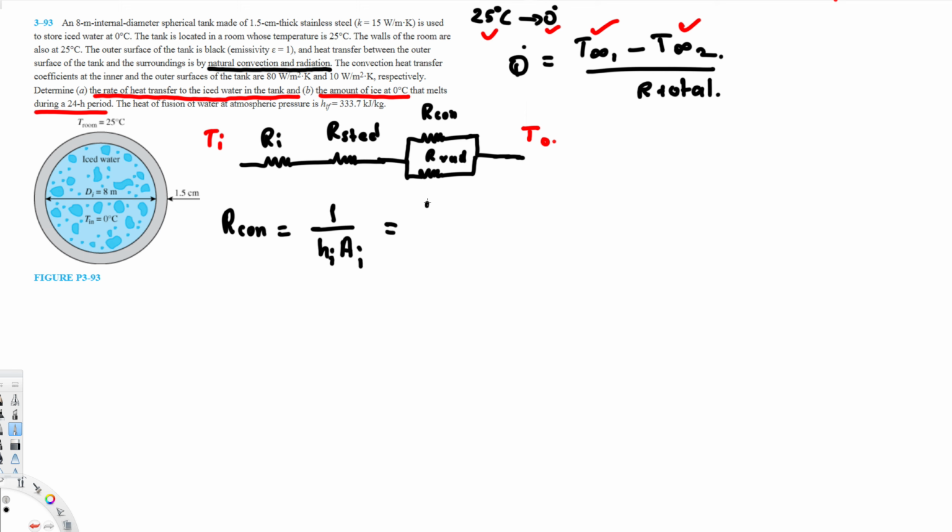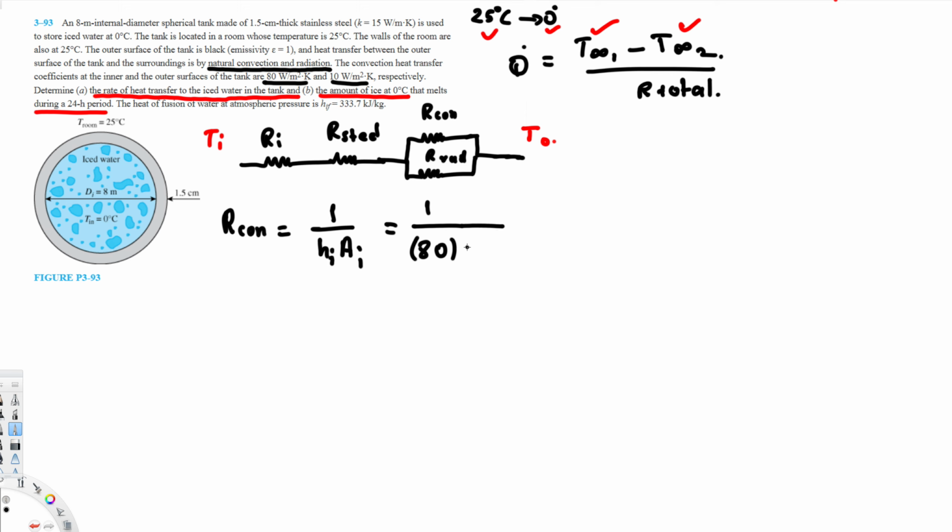So 1 over h i, which is given right here. For this tank, the inner and outer surfaces are given in order, so 8 is inner, outer is 10, right? So inner is what we are going to use, 80. And the surface area for a spherical shape is going to be pi d square, right?